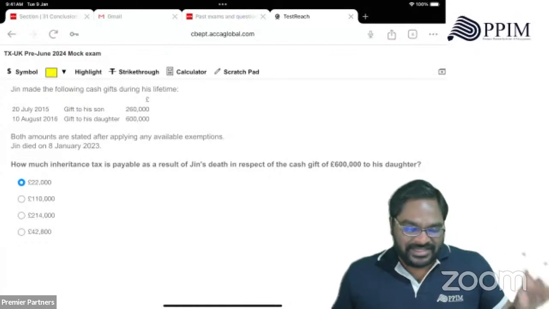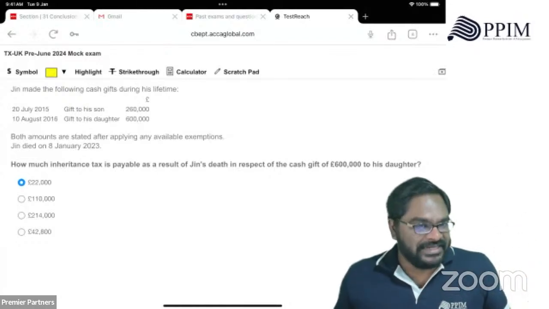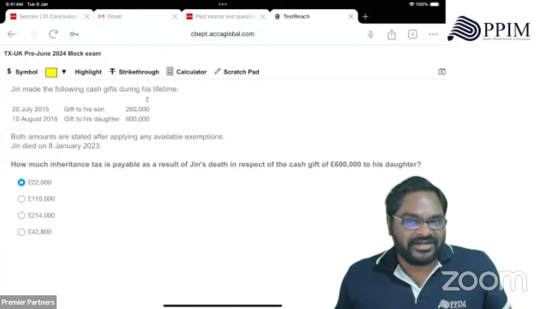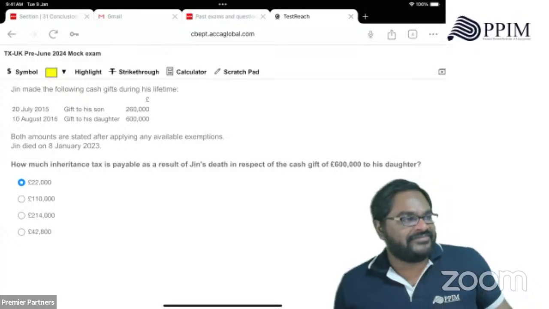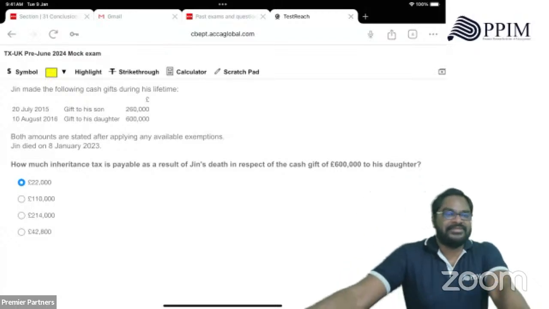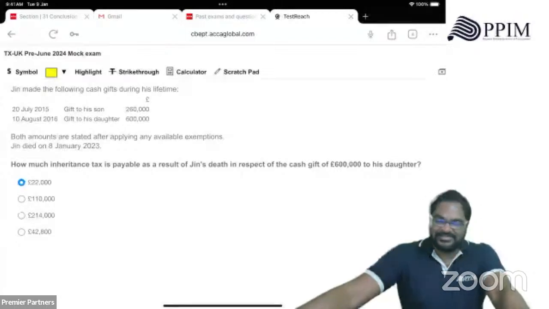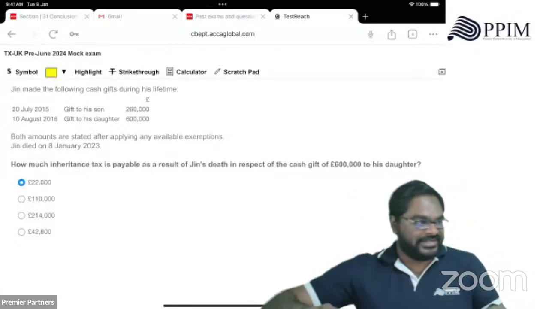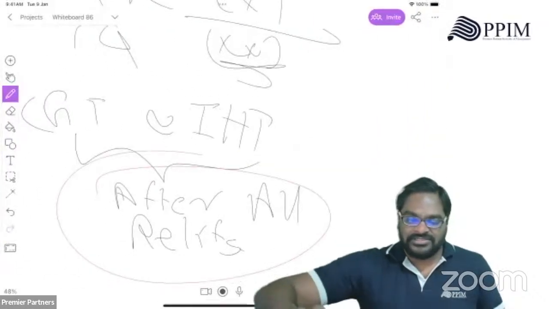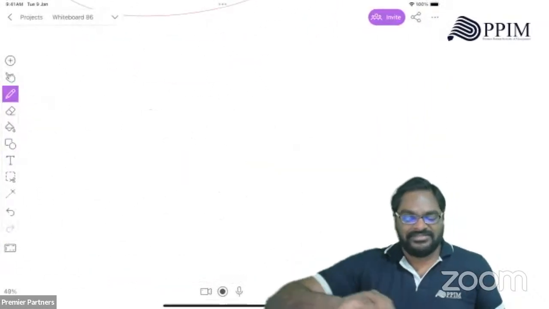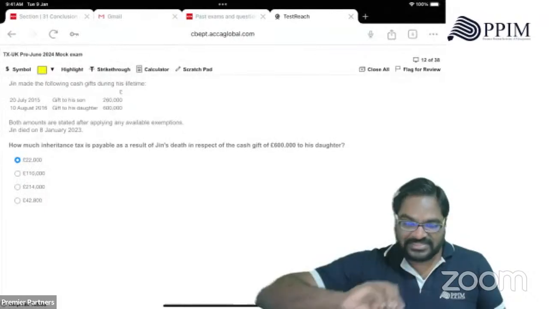Agree? Secondly, this one is a PET. So we are not claiming nil rate band for lifetime transfers while the donor is alive if it is a PET. Agree? Right. Then let's see what we are going to do here. So first one is out, which means for the second one the value is 600,000.